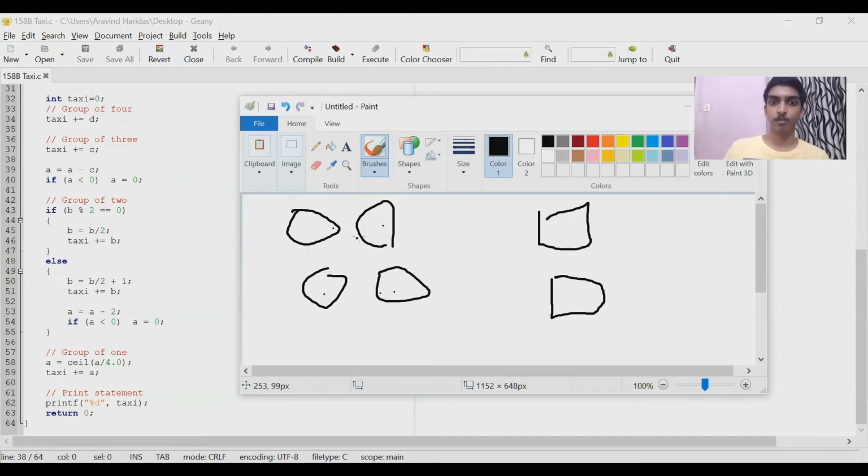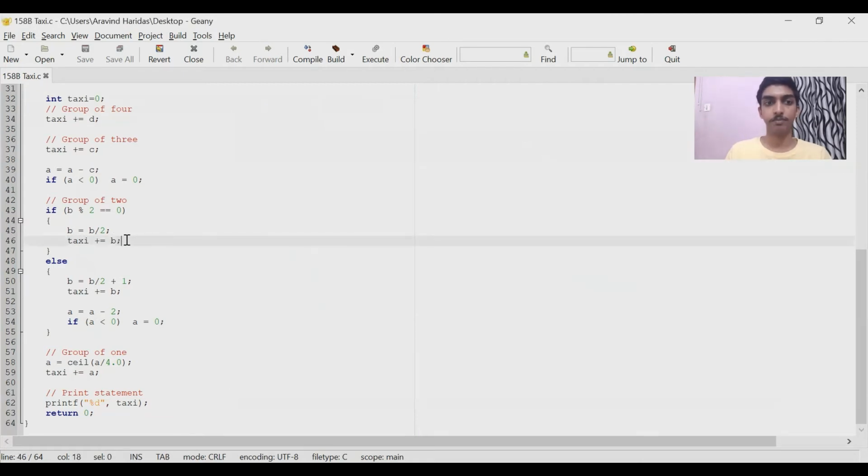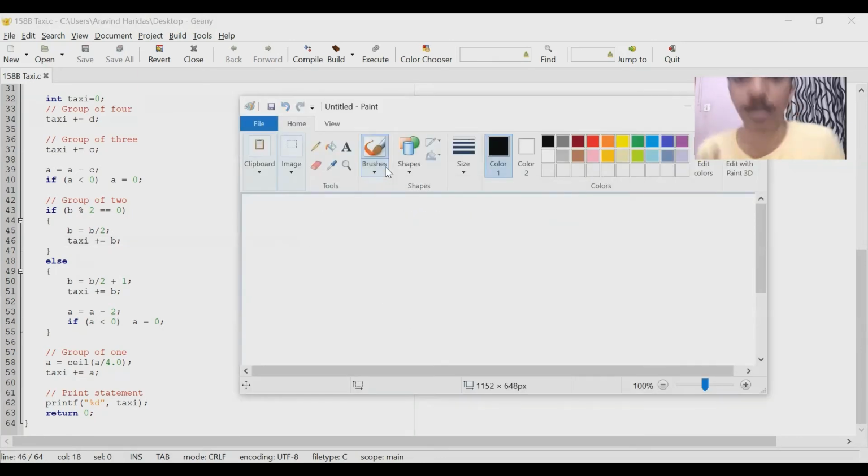You just divide 4 by 2 and get 2, the number of taxis. So you divide B by 2 and add that to the total number of taxis.